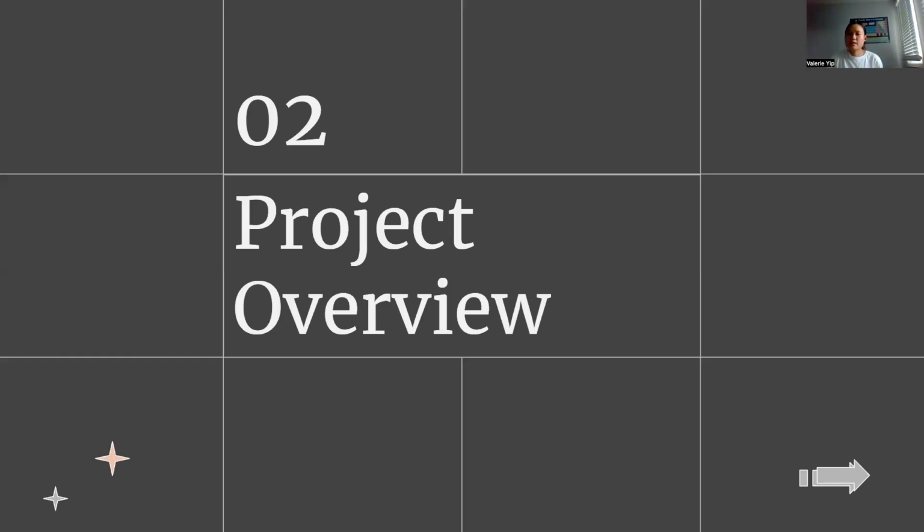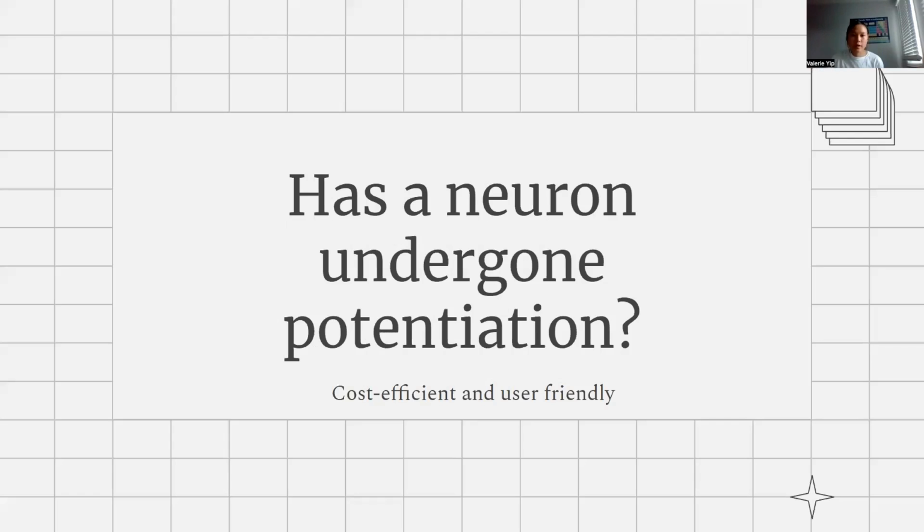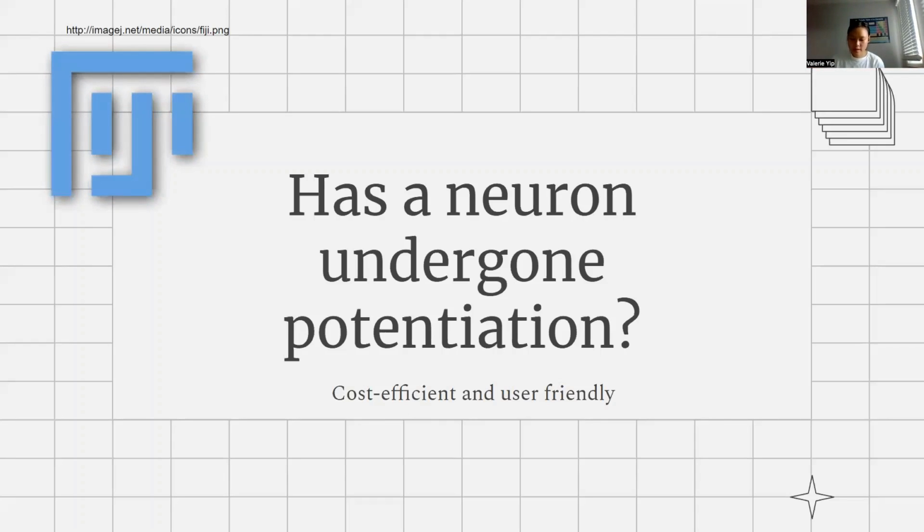Now that I've defined a few basic terms, I'd like to go into my project overview. My project focused, as I said earlier, on the analysis of LTP and aims to figure out if a neuron is potentiated or not relative to other neurons. That is my main research question. I sought to answer this question with the use of an application called VG-ImageJ, which is usually used in science for image analysis.